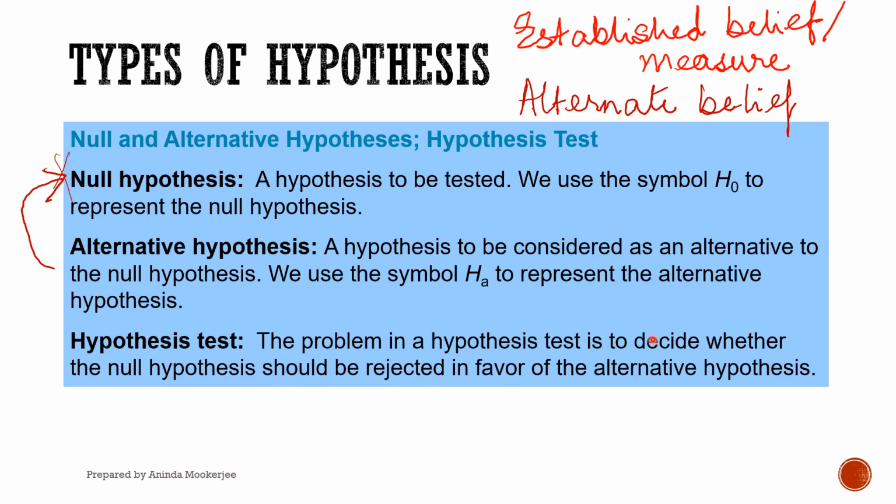And that whole exercise of deciding whether the alternate hypothesis can replace the null hypothesis or not is called the hypothesis test. So the problem in a hypothesis test is to decide whether the null hypothesis should be rejected in favor of the alternative hypothesis.